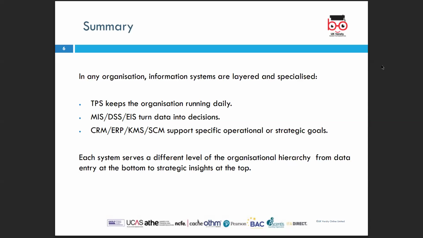Transaction processing systems keep the organization running daily, while our MIS, DSS and EIS turn data into our decisions, and with CRM, ERP, KMS, and SCM, these are going to support specific operational or strategic goals.